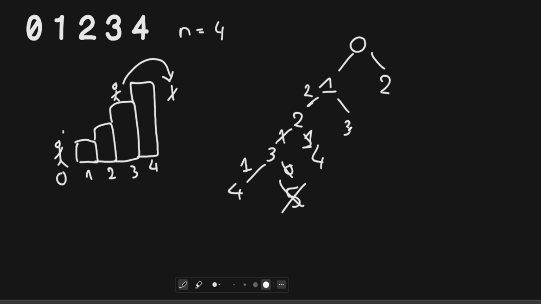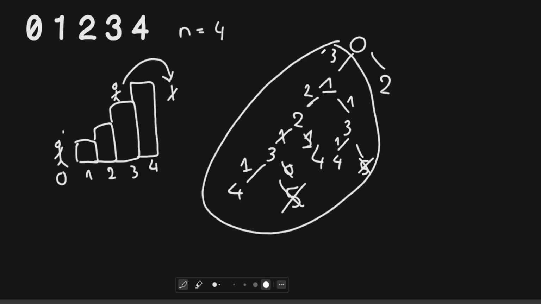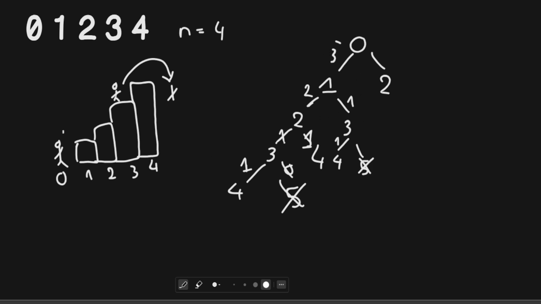And then from this little 3 right here, we can do either 4 or 5. Again, 5 is out of bounds. We can only take 4, so this is another way, and we return back here. So from this right side of the decision tree, we have 3 ways already. The same thing with the 2 right here.